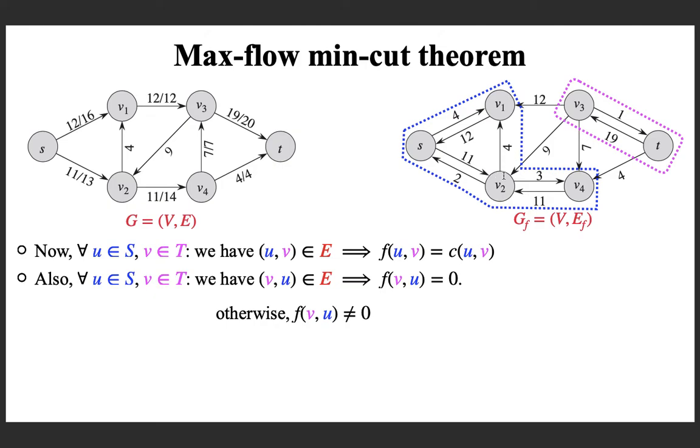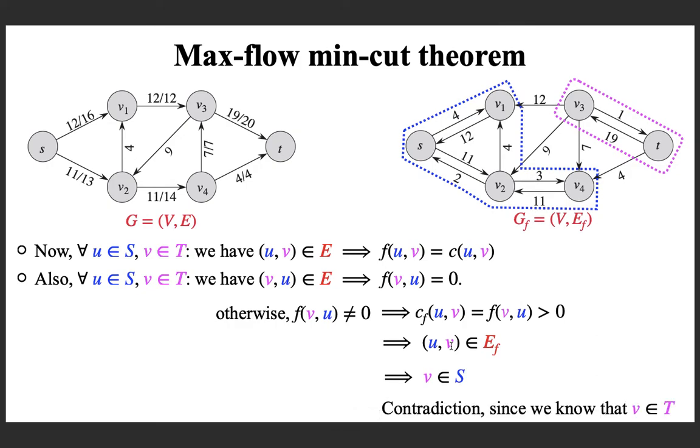We must definitely have a reverse edge in the residual network with the same value as the flow value, right? So, what will happen? Then we will be having a reverse edge in the residual network, and that will make V an element of S, which is again a contradiction. I hope you are following, otherwise please see it again and verify that what I am telling is correct.